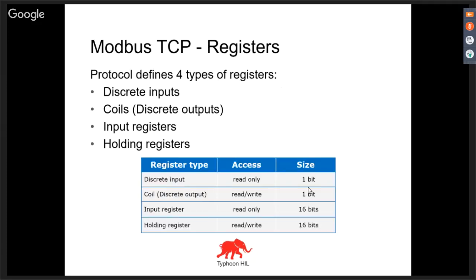We have discrete input, coil output, input registers, and holding registers with 16 bits. We have read-only and read-write registers.